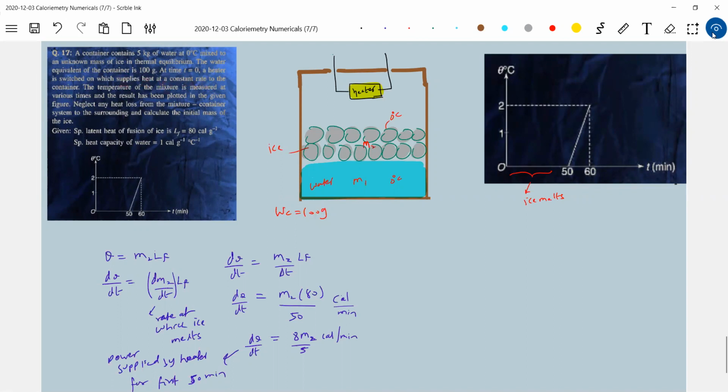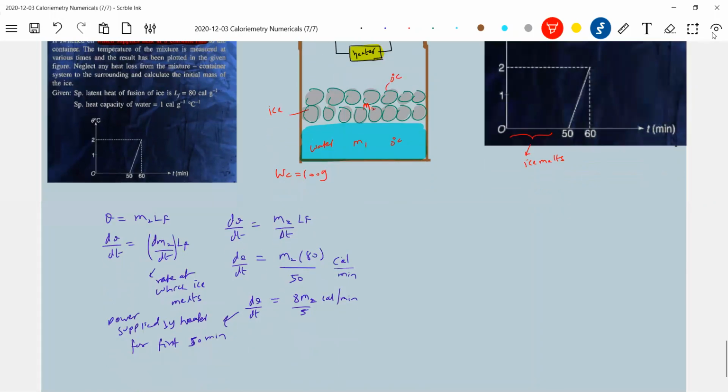Are you looking at this? The power supplied by the heater for the first 50 minutes will be a constant power.